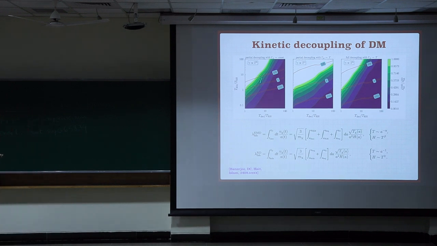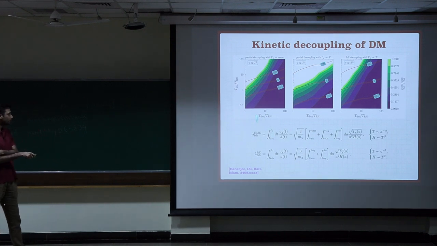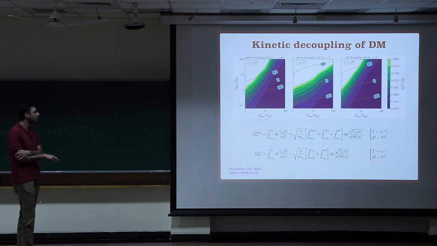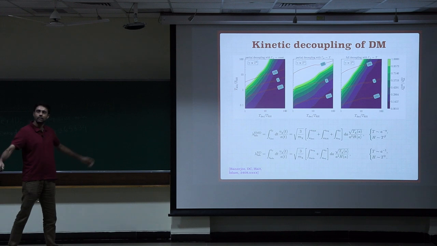In most of the parameter space, where the relic density and the elastic scattering come from the same origin, these contours have to be less than 1, and one actually sees the ratio being small. So in the EMD era, the free streaming length is lesser than 1 as compared to radiation. So the radiation era has a larger free streaming.